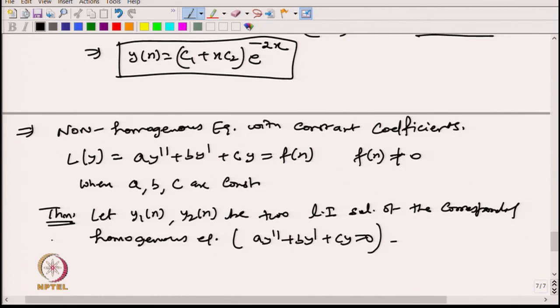In this case, first we solve the homogeneous case, and from that I will get the two solutions, and we know how to solve this one. So, this will be y1(x) and y2(x).